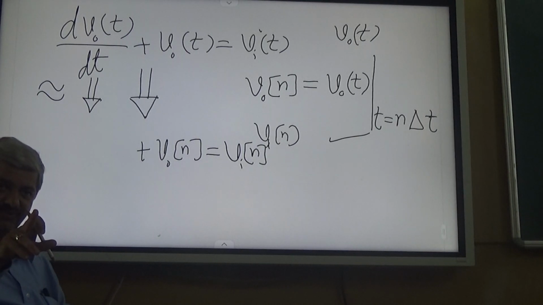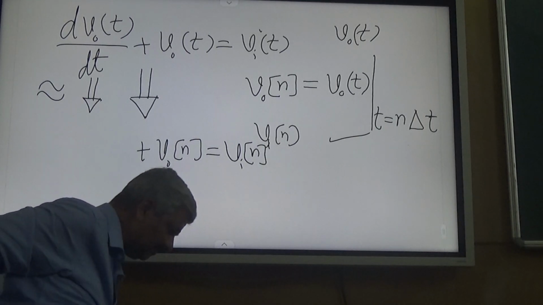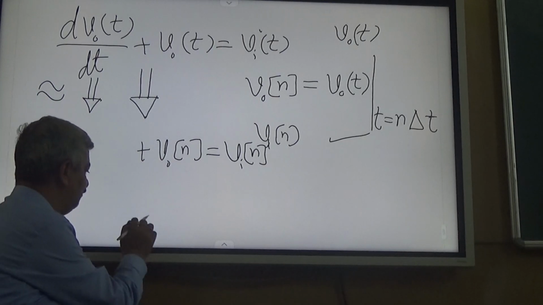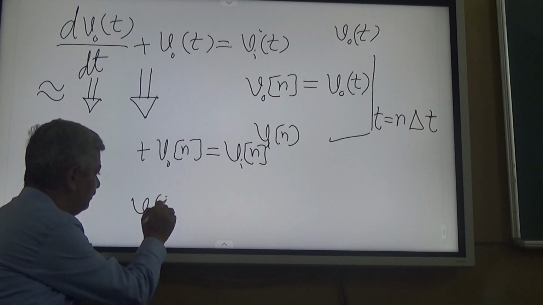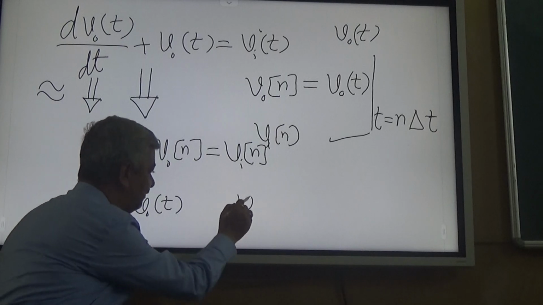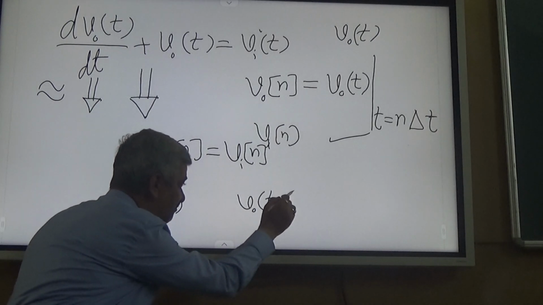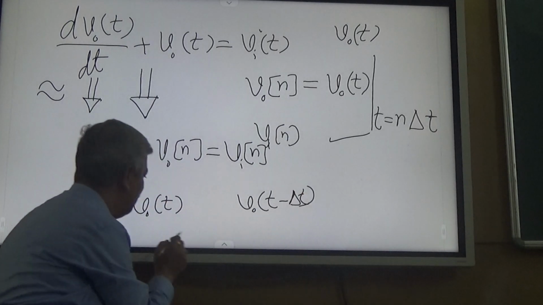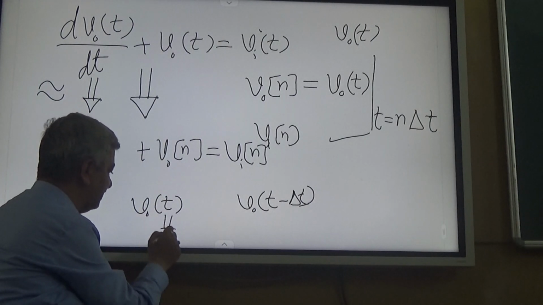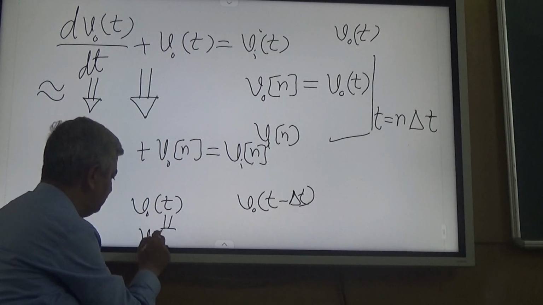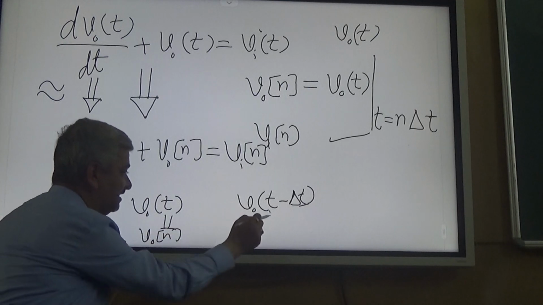So if there is VOT आणि VOT minus delta t हे दोन आहेत. मग हा जर n असेल तर हा काय असेल?